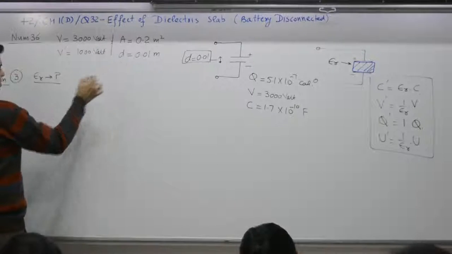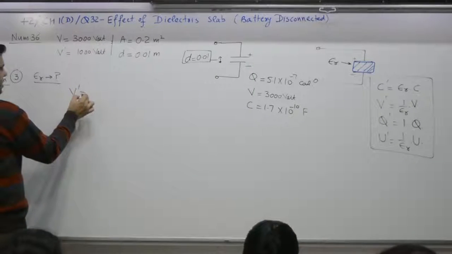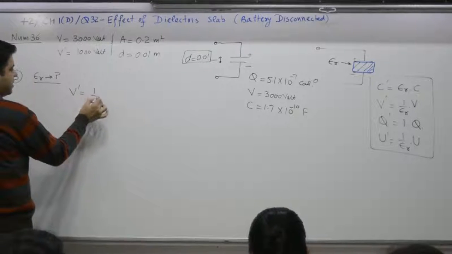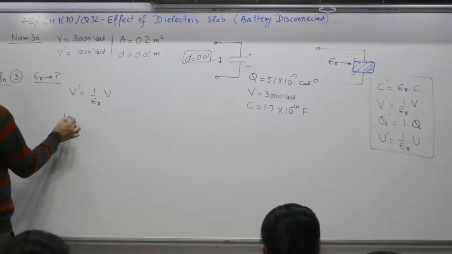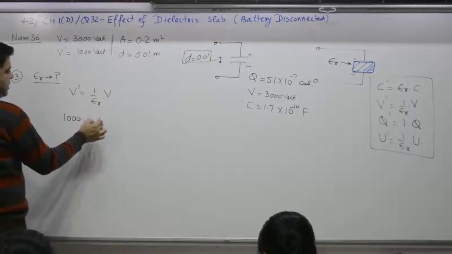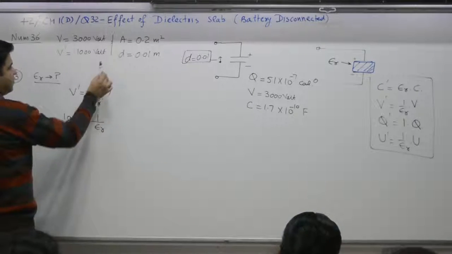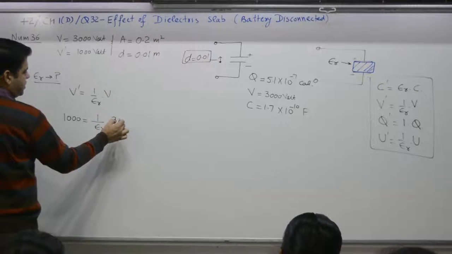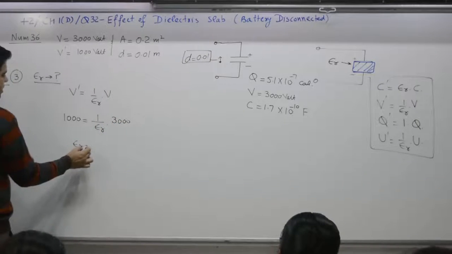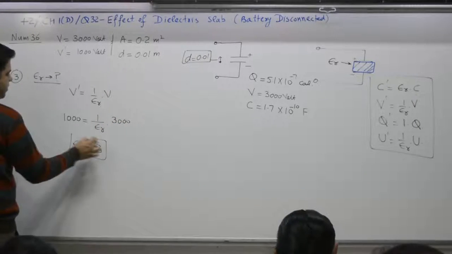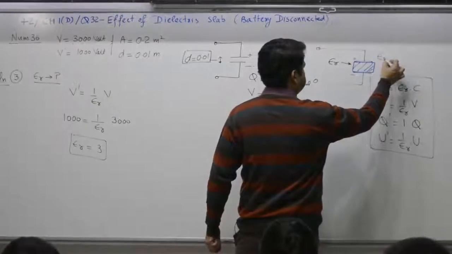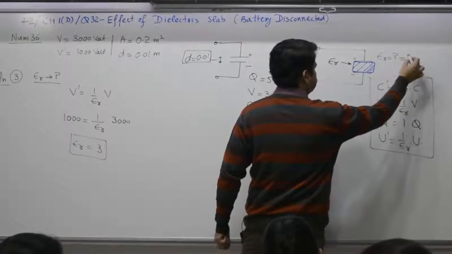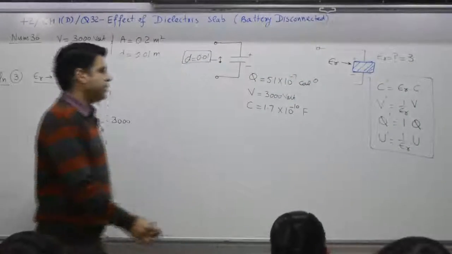The formula: voltage after introducing the dielectric slab is V over epsilon r. V dash is 1000, epsilon r is not known to me, original voltage was 3000. So epsilon r is equal to 3. In this case epsilon r was not known to us; now you have solved it, and it comes out to be 3.